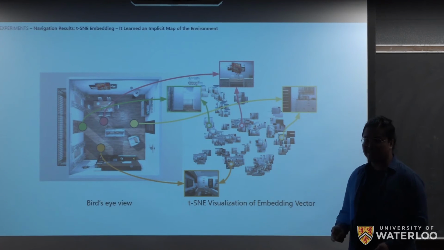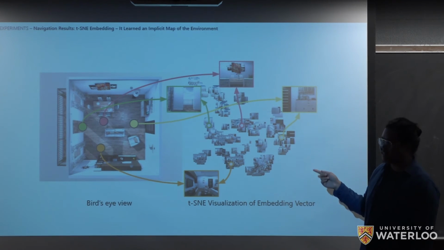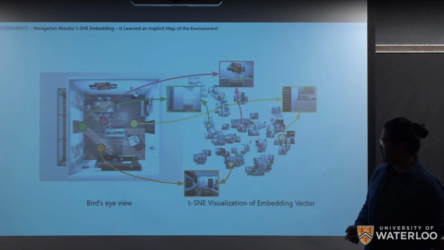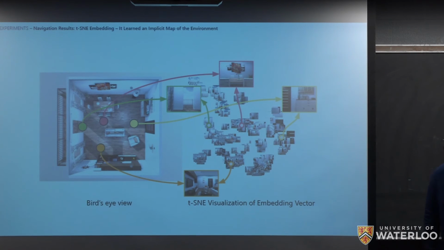So without any explicit feature engineering to make a map, the reinforcement learning algorithm itself seems to have learned an implicit map of the environment and a way to localize itself against the map just from the raw pixels using this neural network architecture, which I think is a really cool visualization for them to do and a really cool result, because maps are often thought of as unnecessary for these sorts of end-to-end reinforcement learning methods, but it's nice to see that the map here is just being learned implicitly.